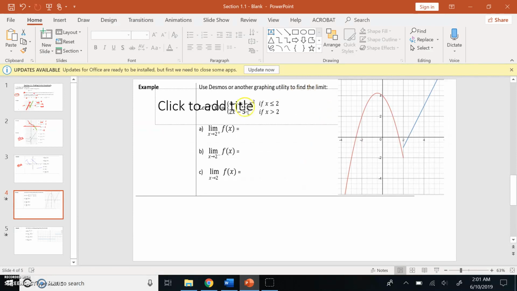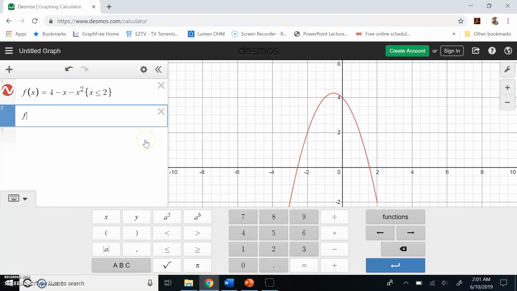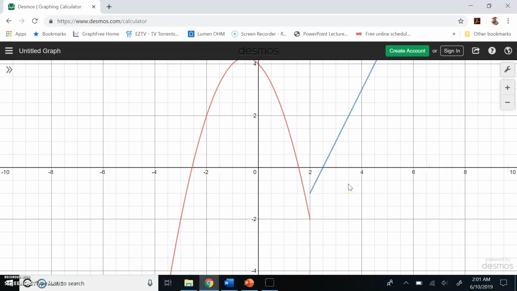The second part, f of x is equal to 2x minus 5 if x is greater than 2. Okay, so let's put f of x equals 2x minus 5. We want to restrict our domain, so put a space, put the squiggly bracket, x greater than 2. Okay, and then there you go. We have our graph.